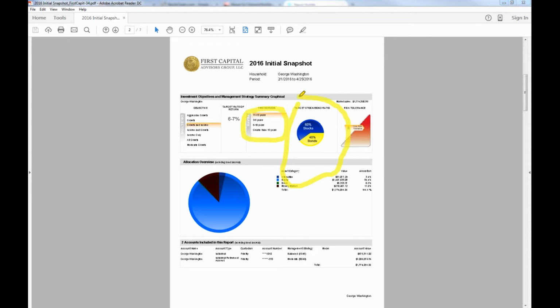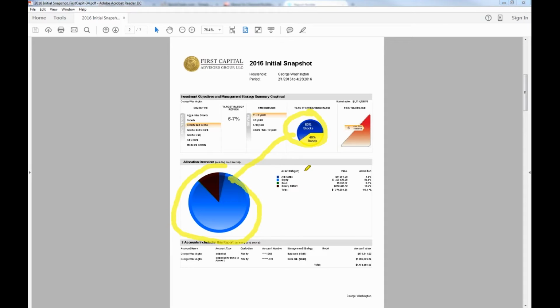Then we're going to come up with what should be a target stock bond allocation based on your risk profile. And you can see in here that that's directly related to your risk tolerance, which was done on a scale that we did some time ago, and it's always a good idea to review your risk profile because it does drive the investment objectives.